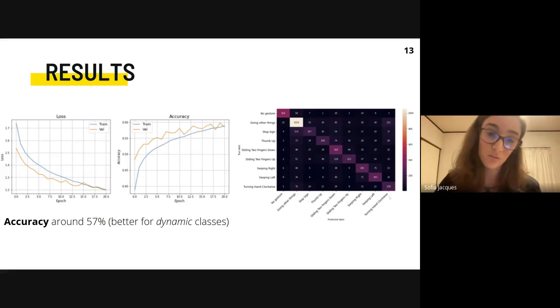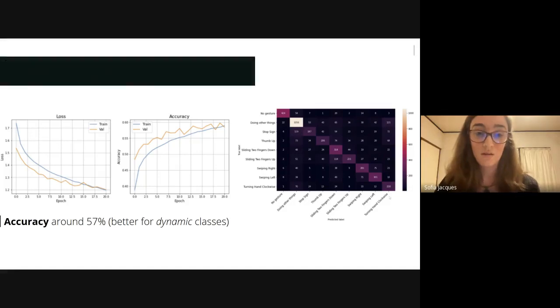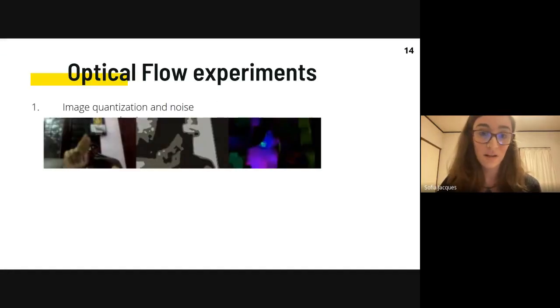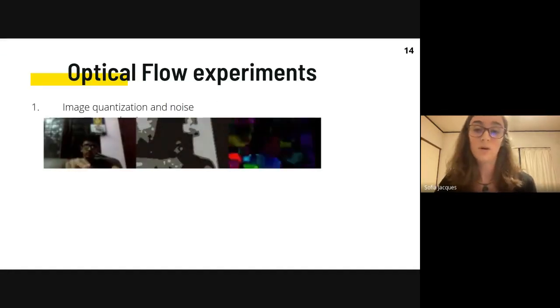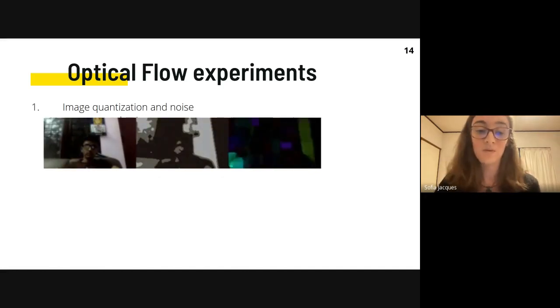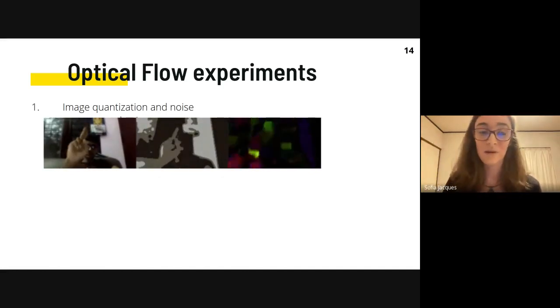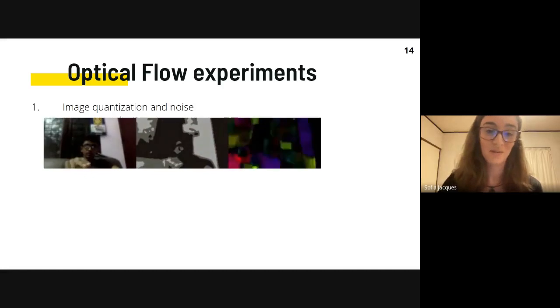Although the results were satisfying, we thought they could be better. After analyzing several of the optical flow videos, we saw that there was a lot of background noise in many of them. So we tried some pre-processing.